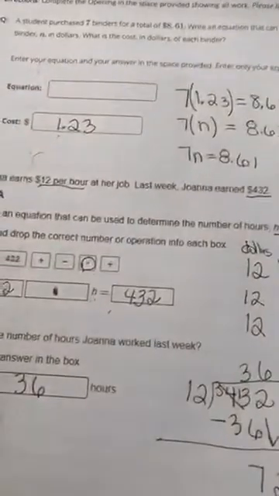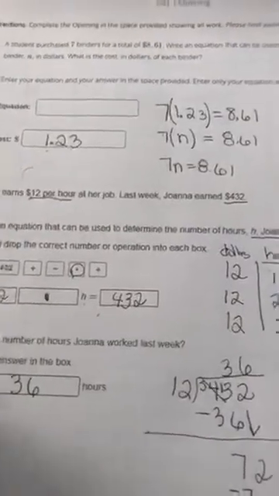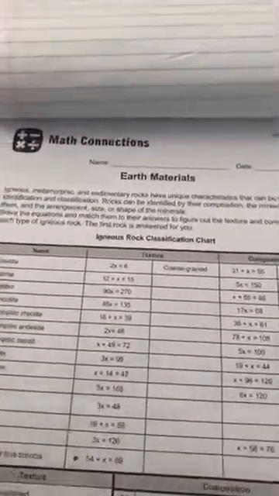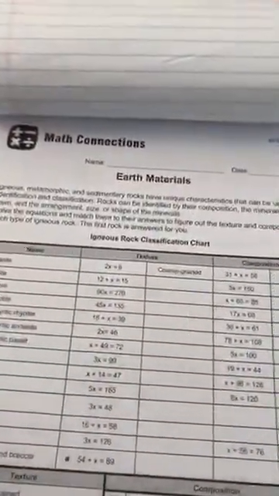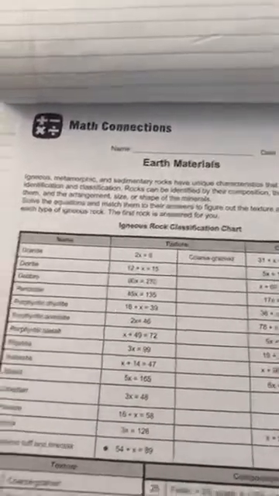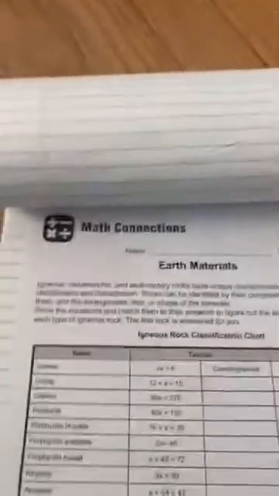All right, excellent. Let's go on to our next page. Our next page looks like this. Math Connections, Earth Materials. We're not going to do all of this, just part of it. It's too much.